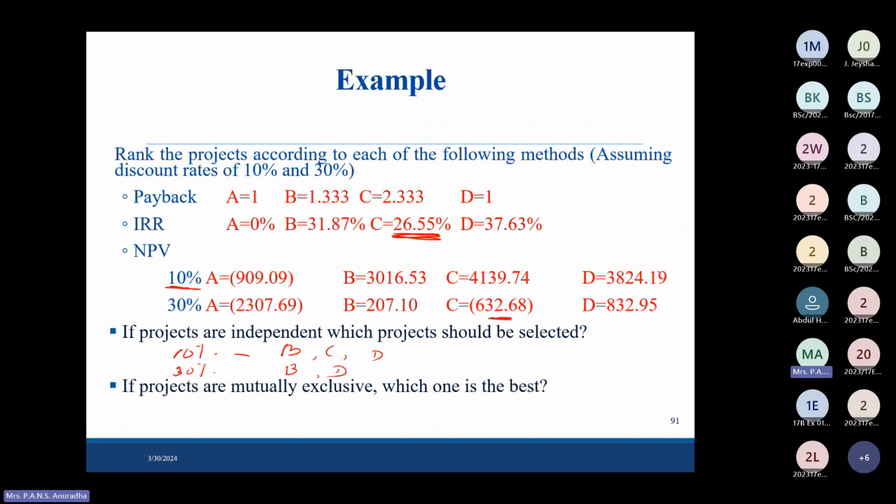Then part 2: if projects are mutually exclusive, which one is the best?